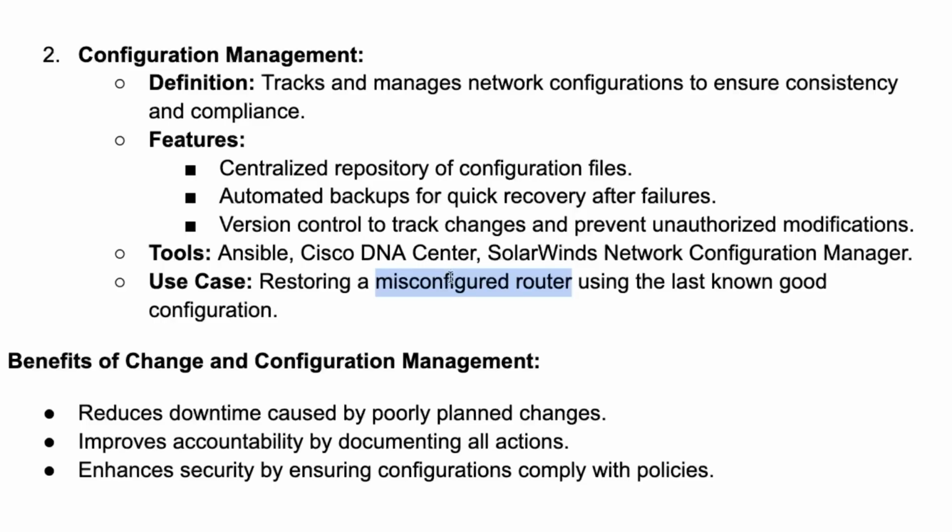And then of course you would document all of those changes, the reasons why it's not working, the problems that it's having, and look at the configuration file to see what changes were made that were not working well. But before you can do all of that, you need to first restore it so that the network is still working and doing what it's supposed to do. So you just use the last known good configuration file to make that change, and then from there you troubleshoot why that misconfiguration happened in the first place.